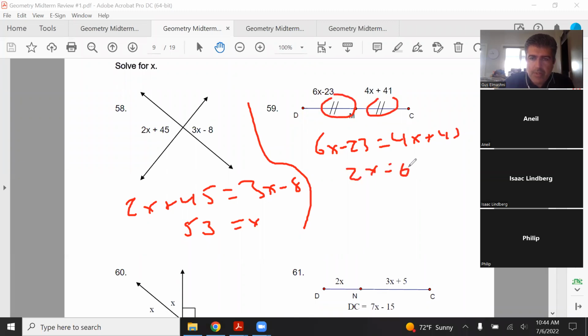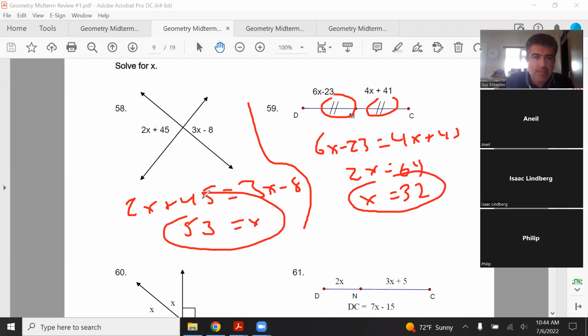So 2x equals 64, x is 32. I think that is correct. Okay, cool.